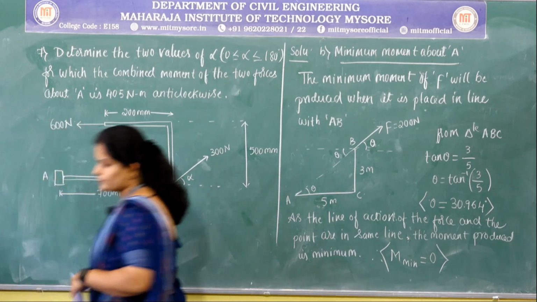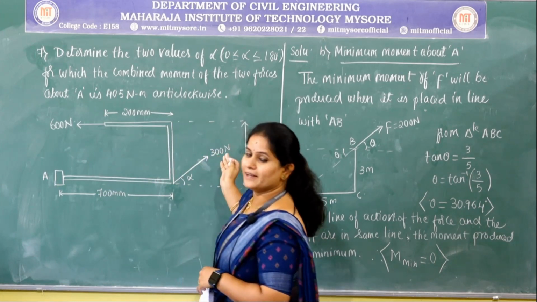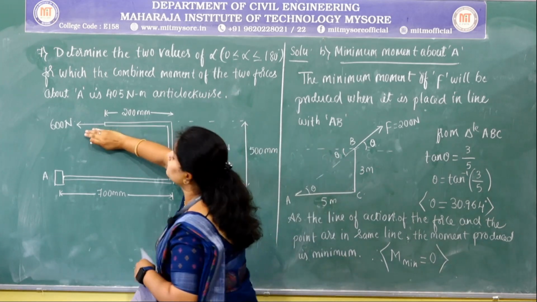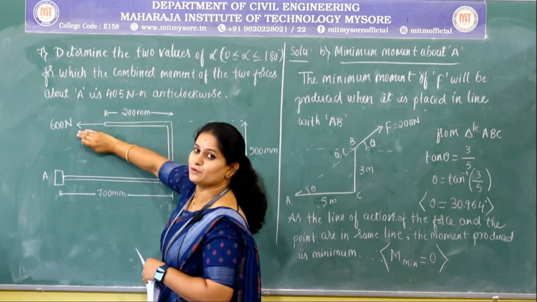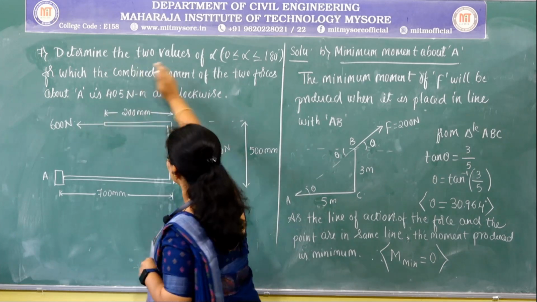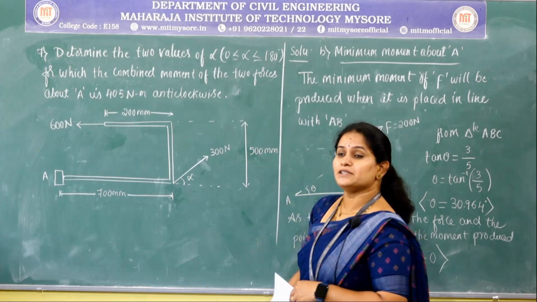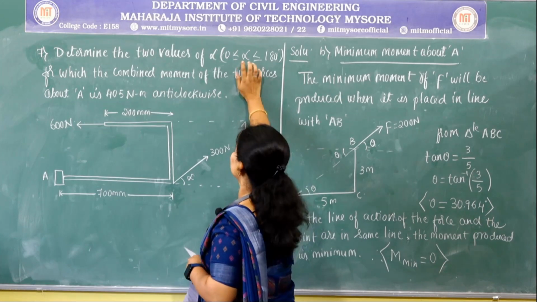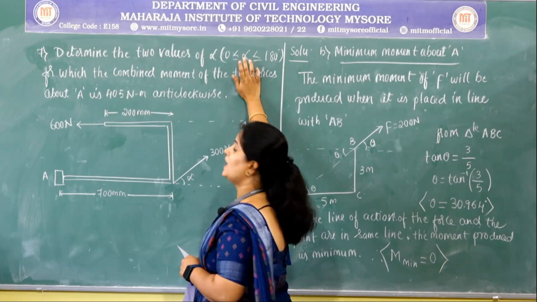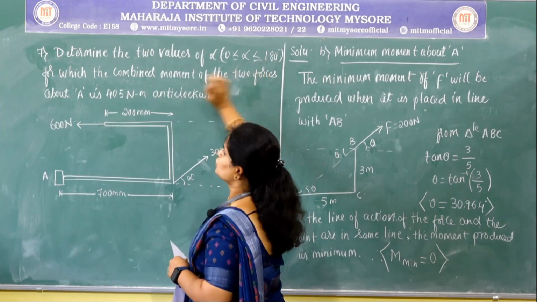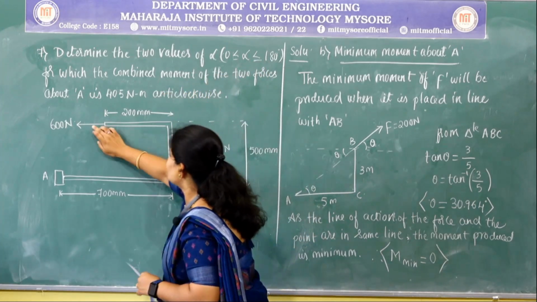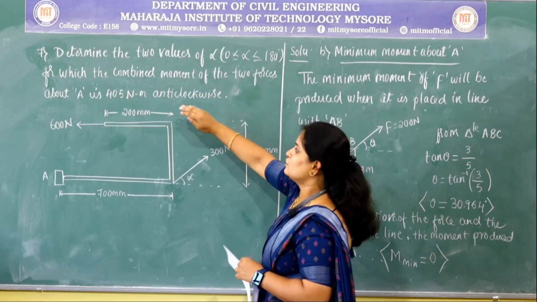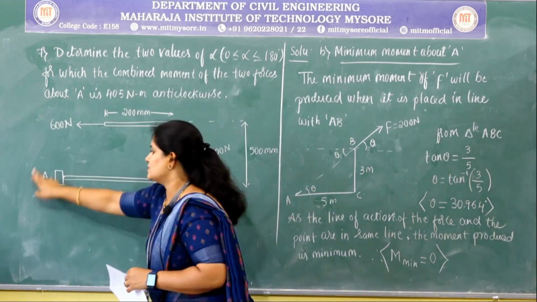So, the given figure has two forces. One is the 300 Newton force which is inclined at an angle alpha, and another one is a horizontal force having a magnitude 600 Newton. In the question it is given that you need to determine the two values of alpha, between 0 and 180 degree, for which these two forces have the combined moment of 405 Newton meter anti-clockwise about this point.